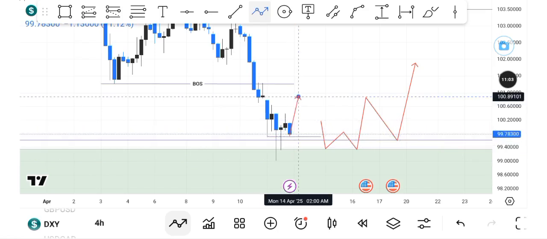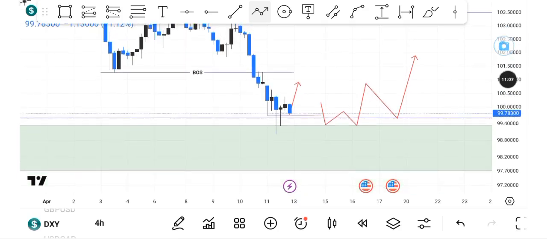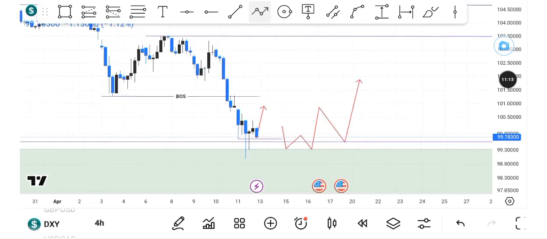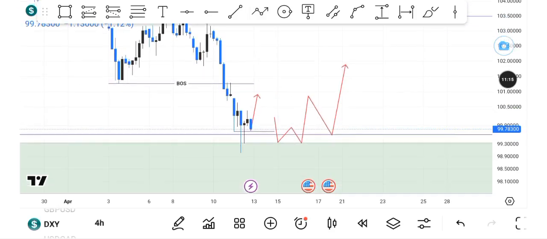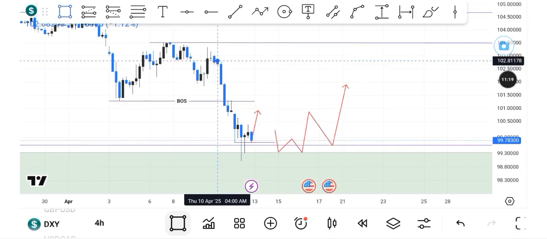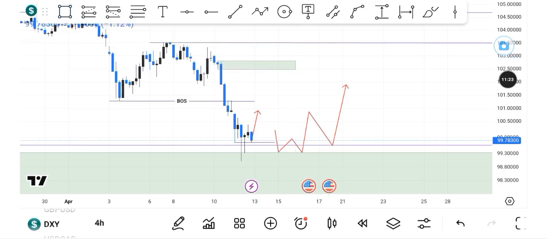However, we see something like indecision candles. So we still expect it to continue.